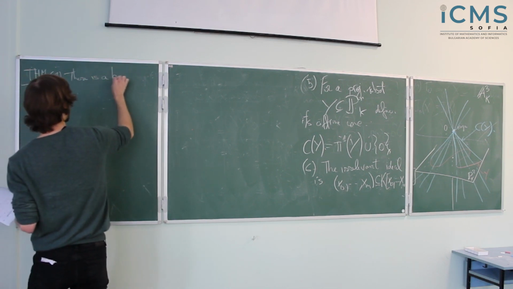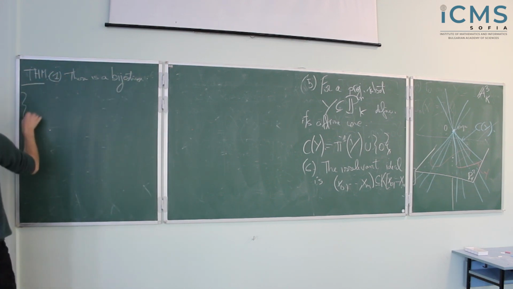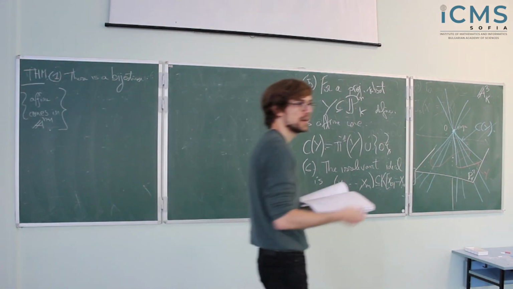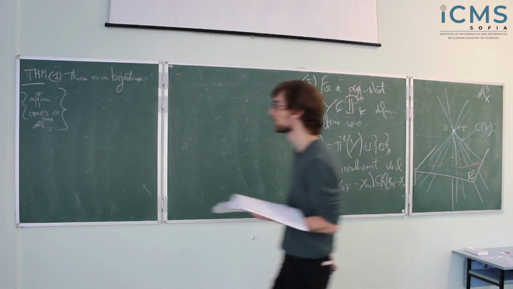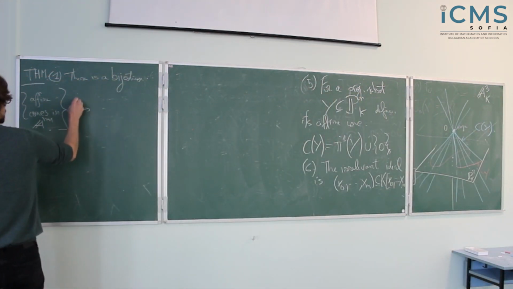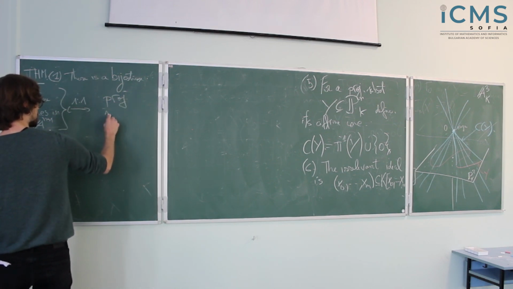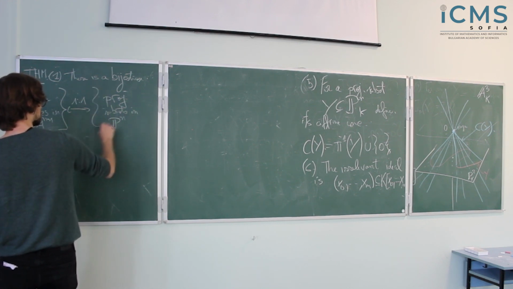There's a bijection between, on the one side, affine cones in A^(n+1), and on the other side, projective subsets in P^n.